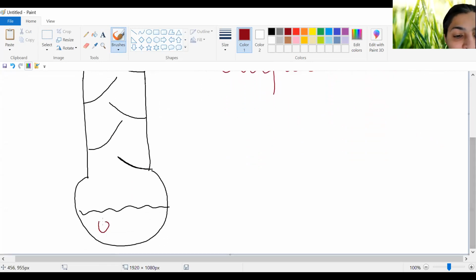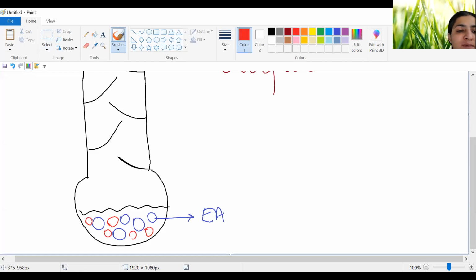Looking back at our mixture, let's use different colors. Let's say I have blue as my ethyl acetate and red as my butyl acetate.